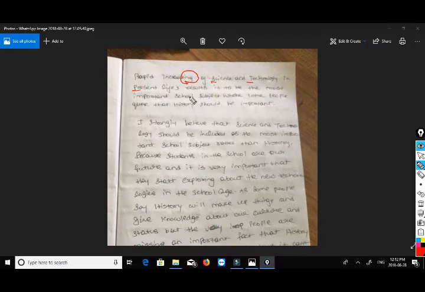In present life's results, it to be the most important school subject. In my opinion, this S is also capital. Though for us we know that it is small letter, the fact is it is in general considered as capital letter, and I'll explain why.